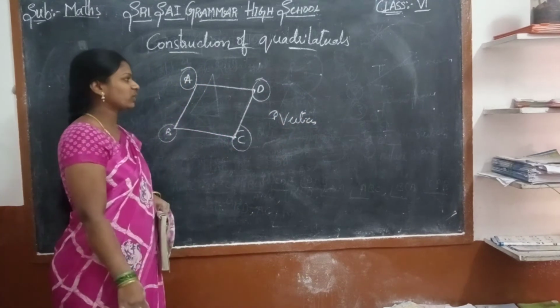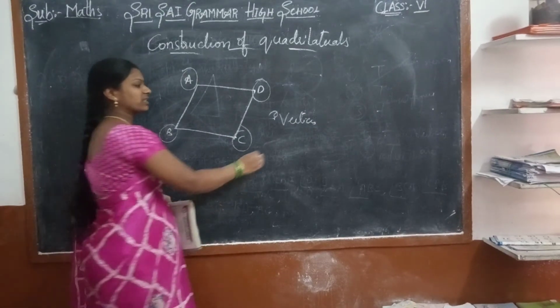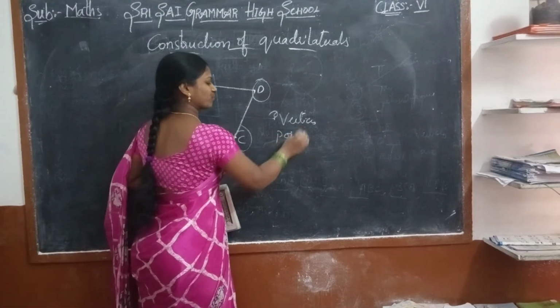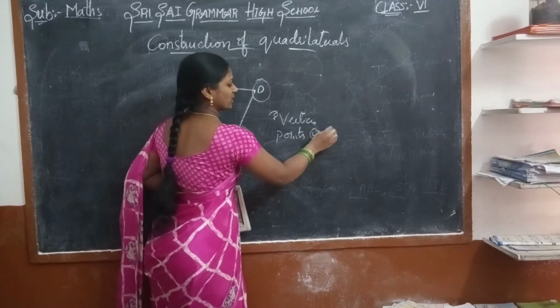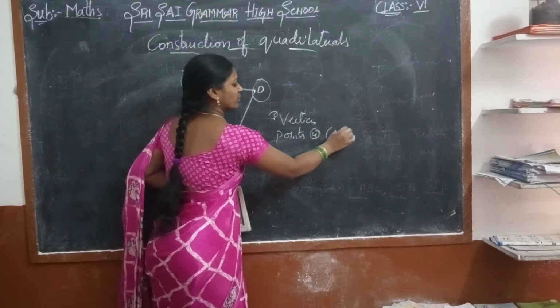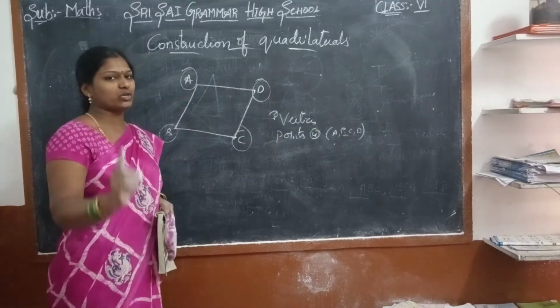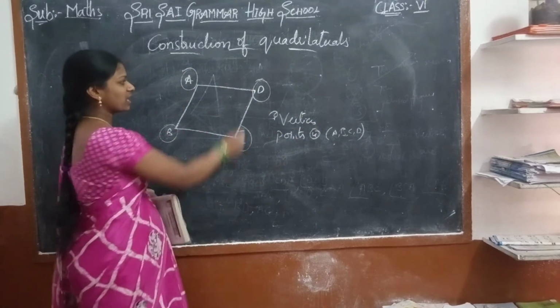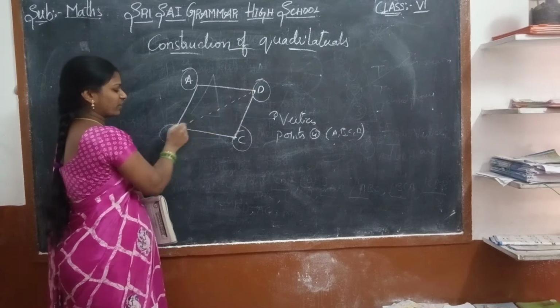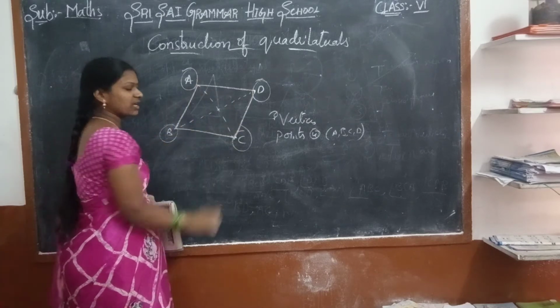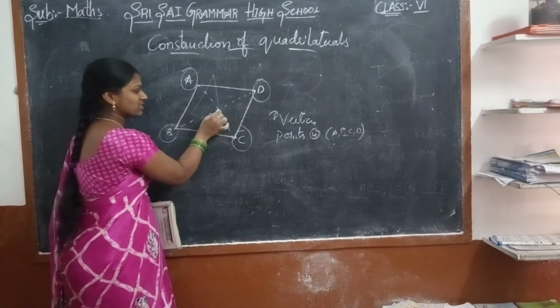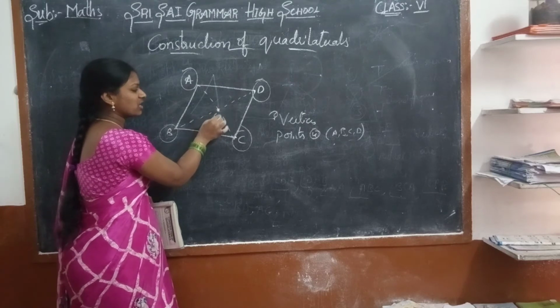Now, the lines cutting across, BD and AC, are called diagonals. They meet at a common point.